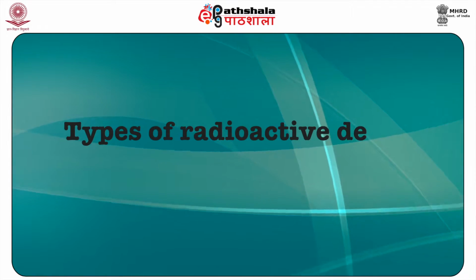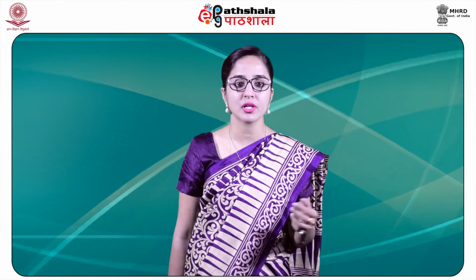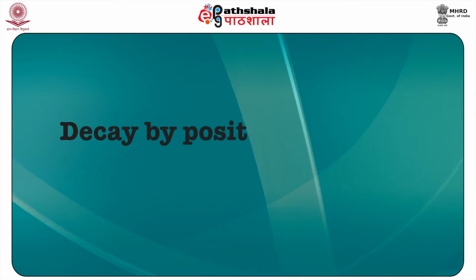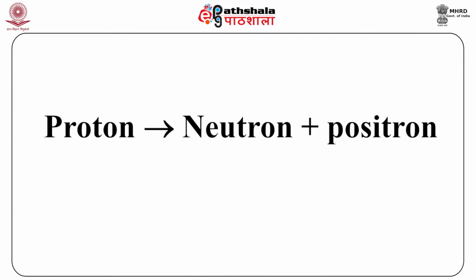What are the different types of radioactive decay known to us? Now let us talk about that. The different types of radioactive decay which are relevant from the biochemical point of view begin with decay by positron emission. This type of decay occurs when a proton is converted into a neutron with the emission of positively charged beta particles called positrons.